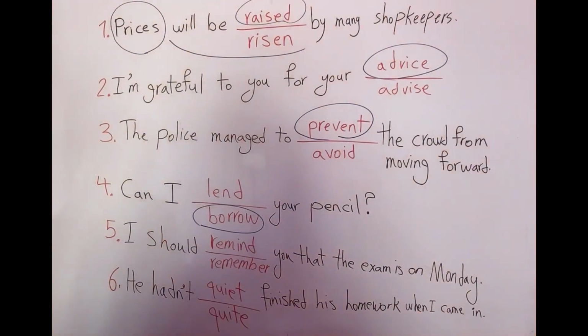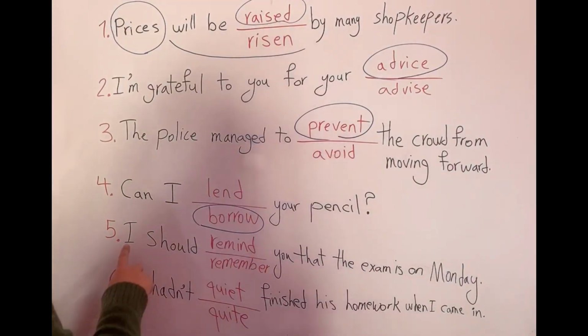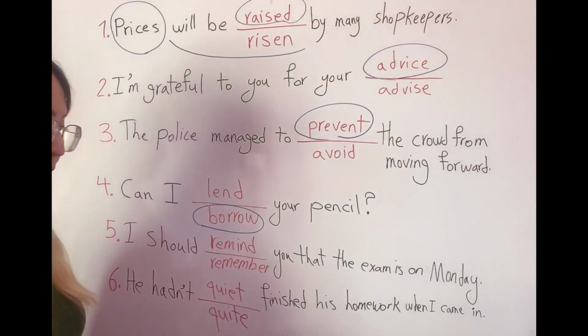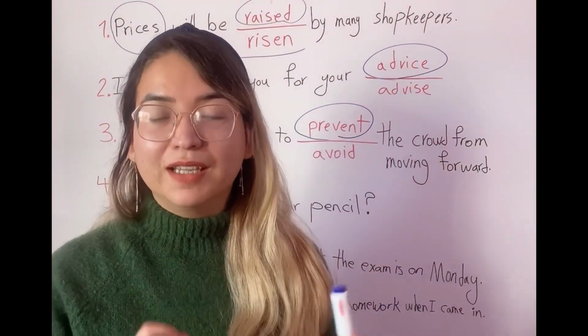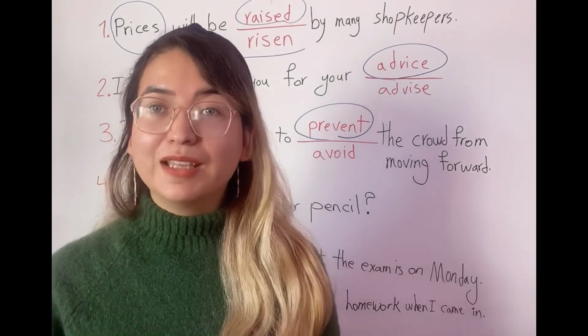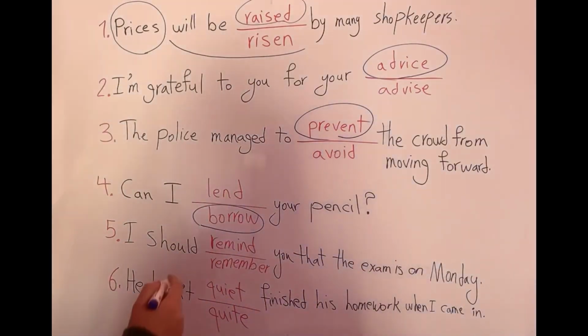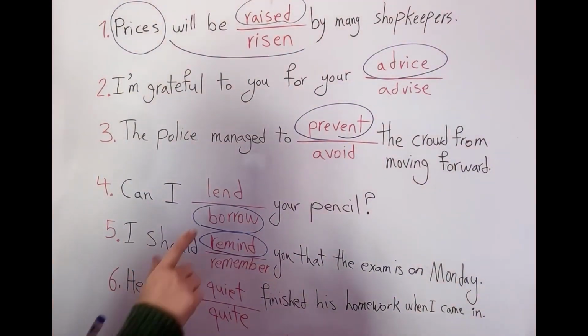Number 5. I should remind you that the exam is on Monday, or I should remember you that the exam is Monday. Here, somebody is helping another one, yes? Is telling another one to remember something. So the answer is remind. I should remind you that the exam is on Monday.